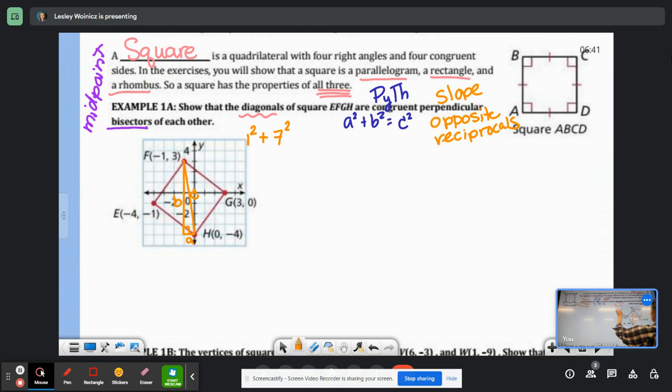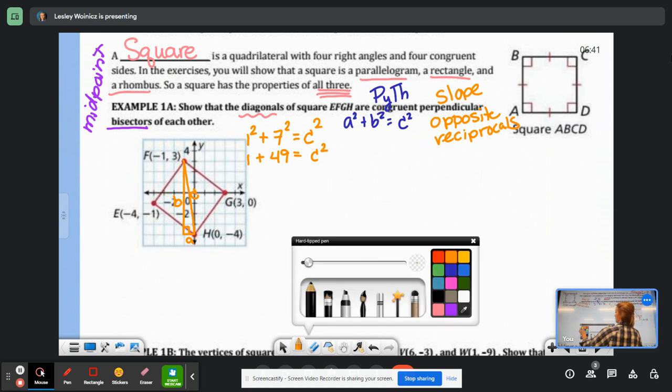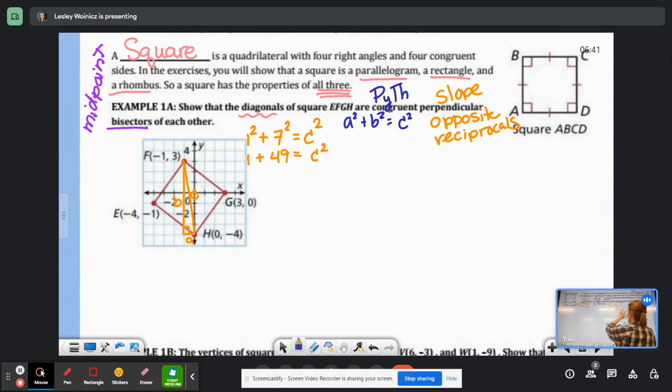Yes. Okay, and that should give us our hypotenuse squared. So 1 squared is 1, 7 squared is 49. So C squared. Now I have to add the 1 and the 49 together. I get 50 is C squared.